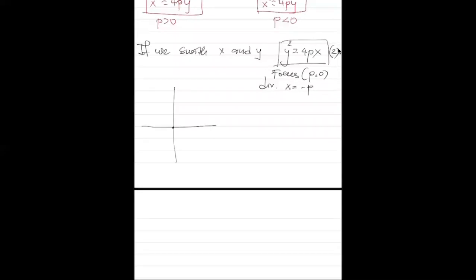The parabola is going to have a graph that's not a function. It's still a parabola. The focus is right here, (p, 0), and the directrix has equation x equals negative p. So this is y squared equals 4px, the case where p is positive.